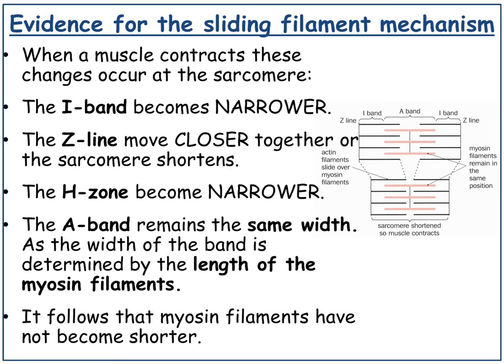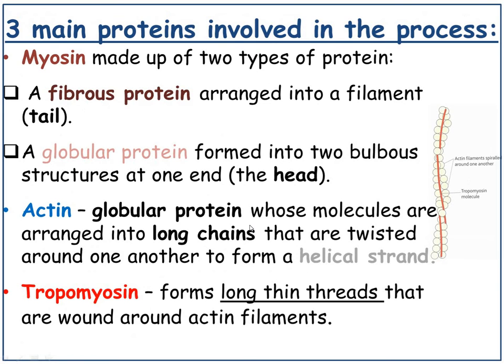The A band remains the same width because the width of the A band is determined by the length of the myosin filaments. So it's obvious that it's not the myosin filaments that have become shorter, it's just the fact that the I bands have slid over the A bands. The actin filaments have slid over the myosin filaments.